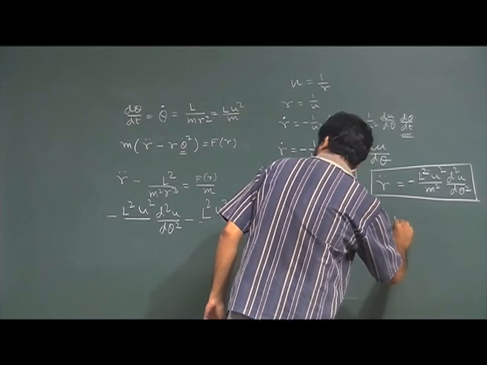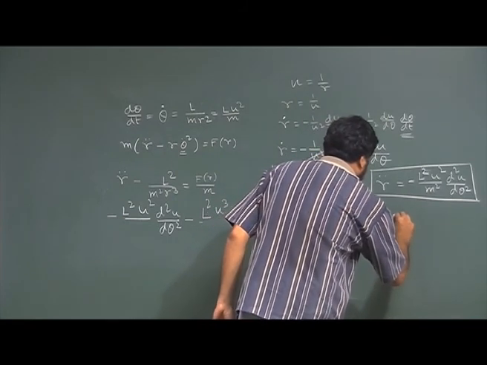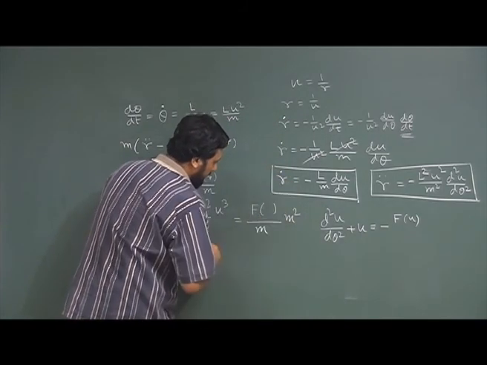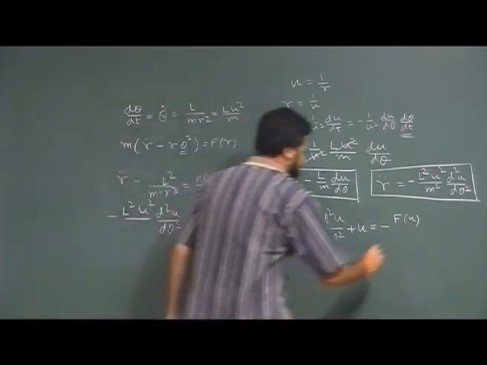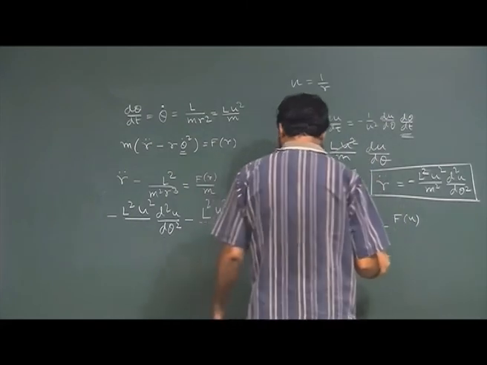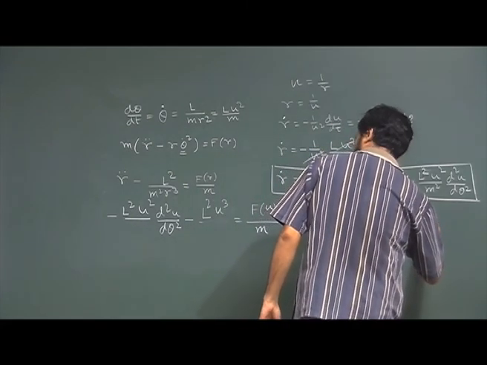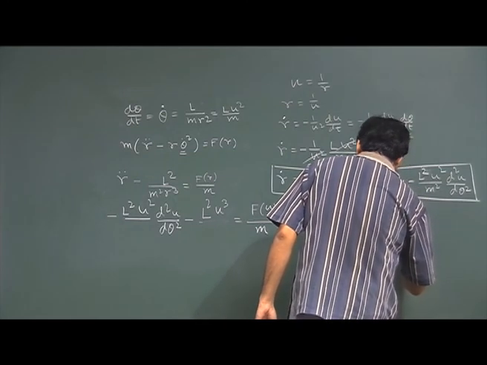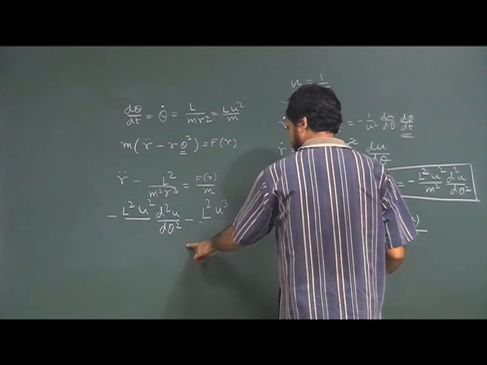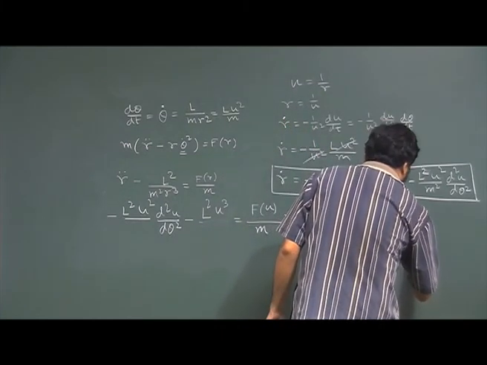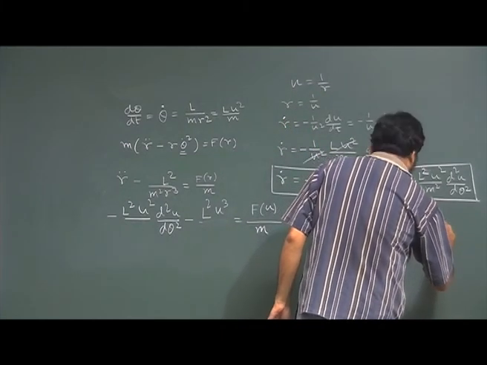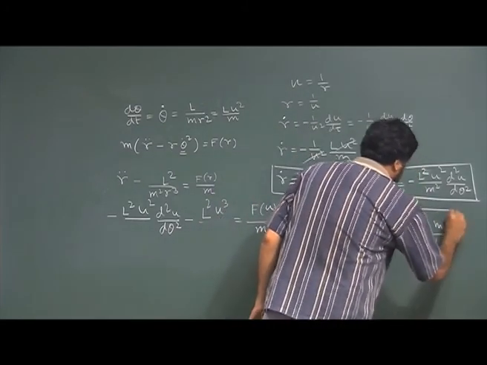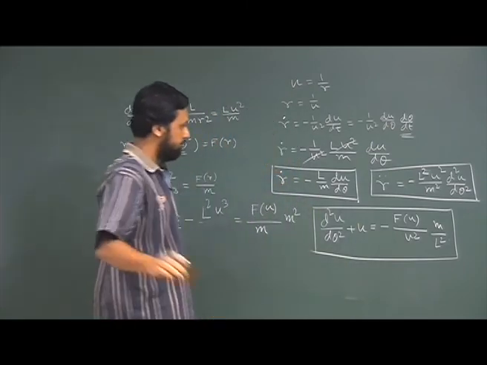minus f of u by u square m by L square. Okay.